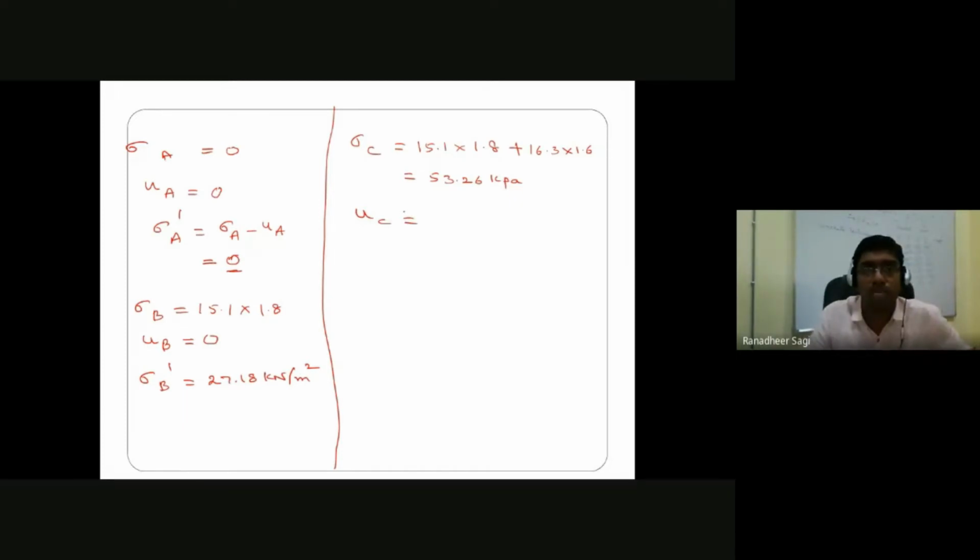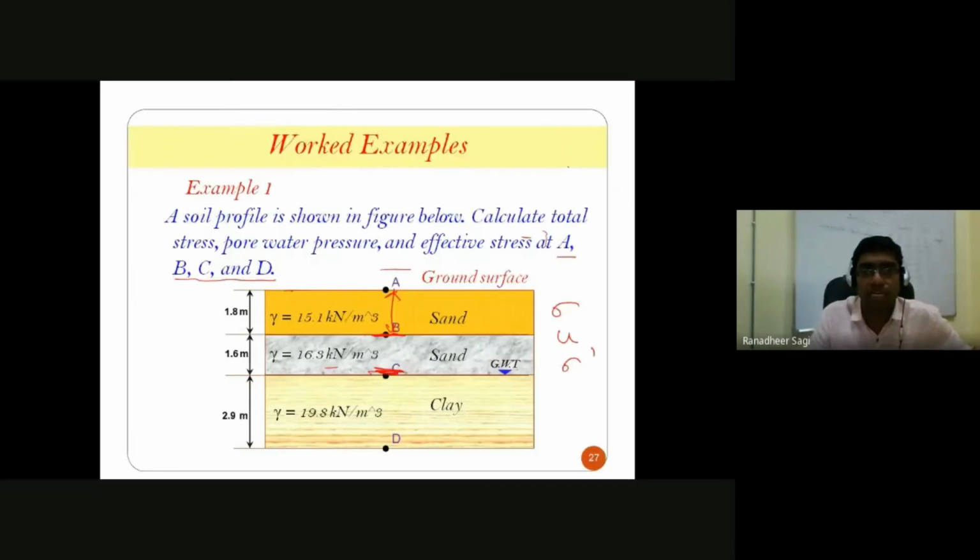So pore water pressure at point C, if I just want to calculate at point C position only, you have the water table. So how much is my pore water pressure exactly at the position of the water table? Even exactly at the water table, you will not see any rise in water level if you insert a standpipe. The rise in water level in that standpipe is only till the position of the water table itself.